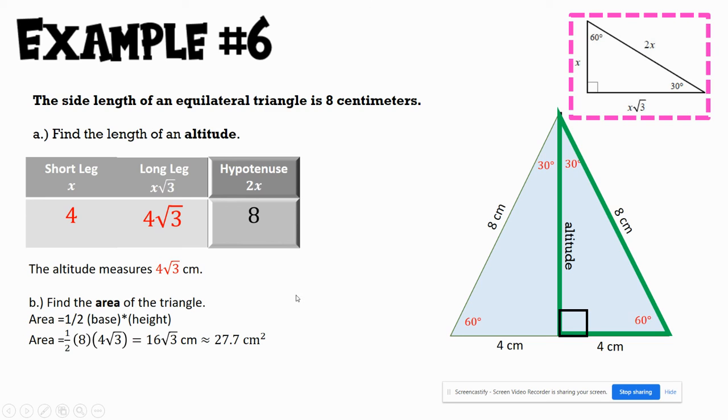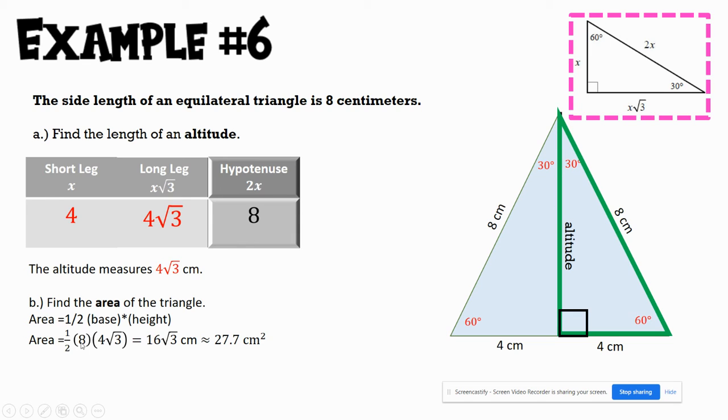The last piece is find the area of the triangle. So again, something that all these pieces we've been studying all year. Area of a triangle, your formula, half the base times the height. The base and the height are those side lengths that meet at a right angle. We know the base is 8. We just found the height of the triangle. Remember, height is the altitude here. And so I'm multiplying.